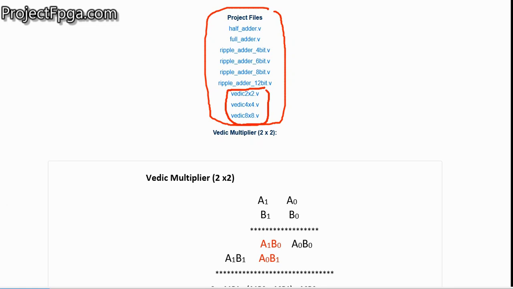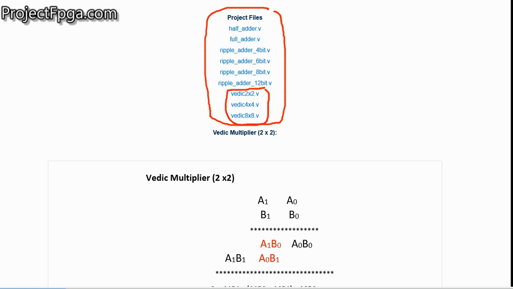That is, if you are multiplying 2 bits, 4 bits, or 8 bits. If you understand how the 2 and 4 work, you'll be able to do 8x8, 16x16, 32x32, 64x64. They follow basically the same algorithm for them to work.